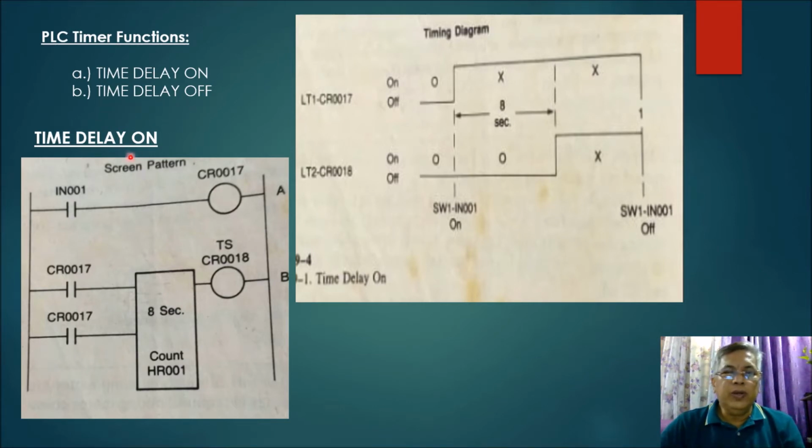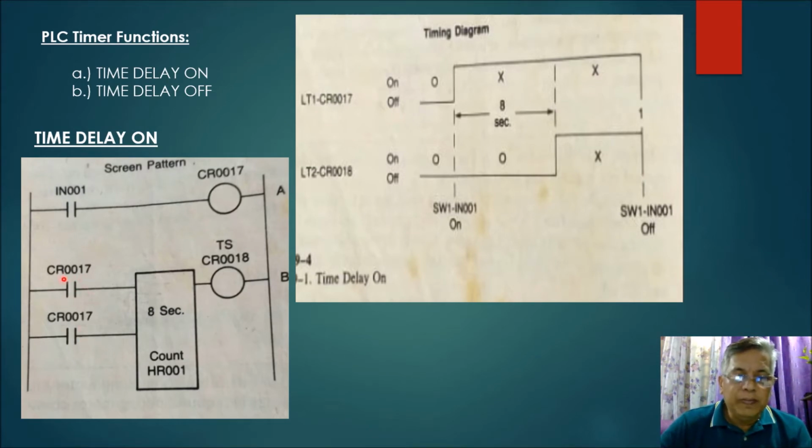Okay, so what we have here is a circuit of a time delay on example. If you notice, this one here is programmed in the general form of the PLC programming method. So we have here input 001 as your switch, and then we have here CR017, which is your output A, for example, and then we have here the internal contacts of CR017.